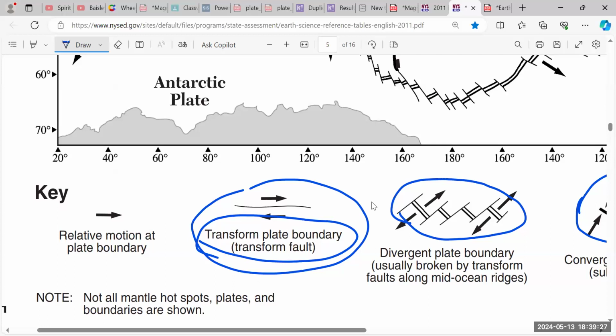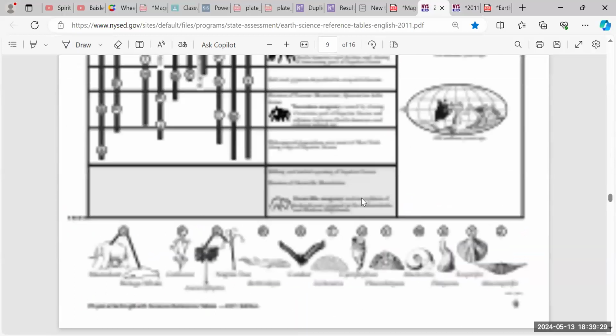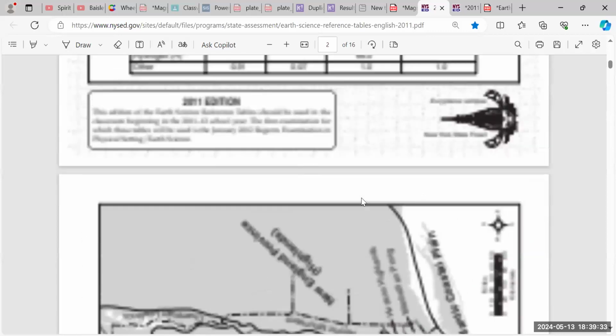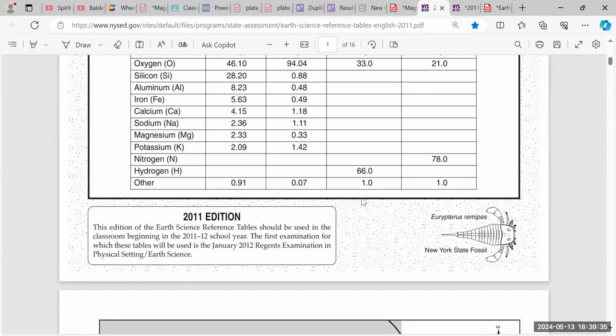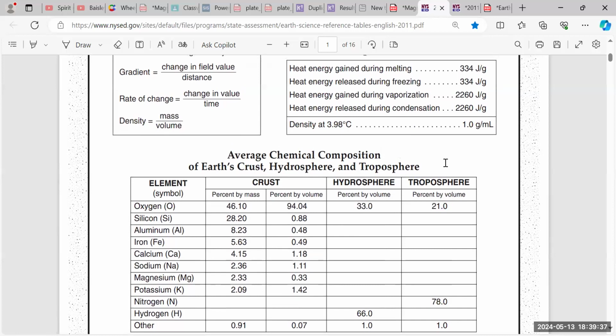Doesn't that look like the title of a page in the reference tables? The composition of elements found in an Earth layer. And if I take a look, the chemical composition of the Earth layer talks about the Earth's crust, hydrosphere, and troposphere. All right. Now, guess what?